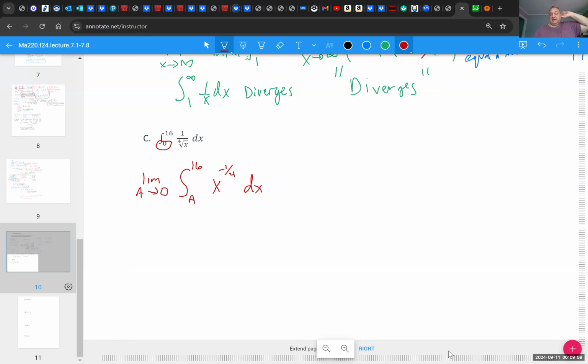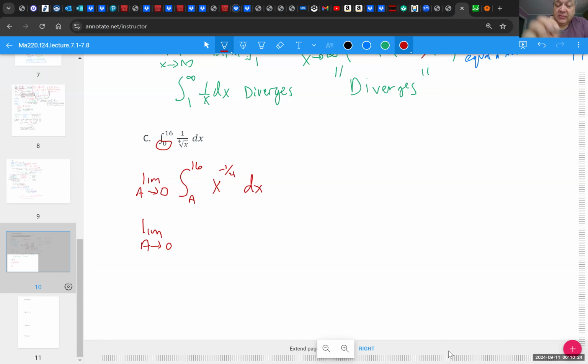We're going from a to 16. A I'm going to use for the bottom limit, and I'll use b for the top limit, just to keep track of it in my mind, but you can use whatever letter scheme you want for these problems. All right, so now I need to do my anti-differentiation and find out if the area is finite or not, if it converges.